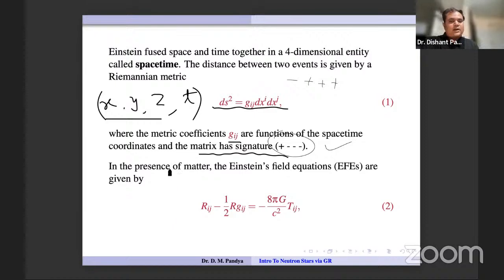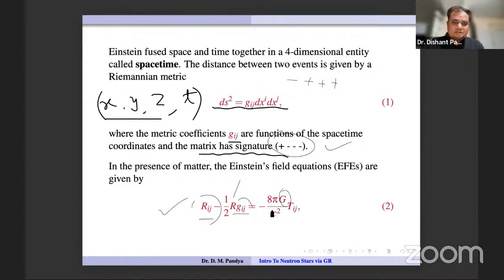Now when you consider the matter, at that time Einstein's field equations have this representation: R_ij minus 1/2 R g_ij is equal to minus 8 pi G upon c squared T_ij. So these are the components. R is the Ricci scalar, R_ij is the Ricci tensor, and g_ij is the metric coefficients.